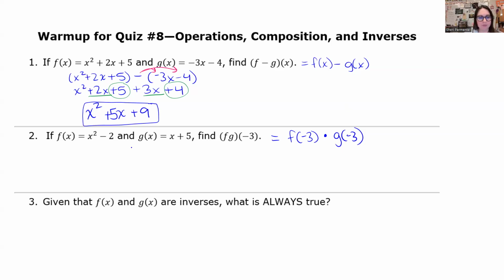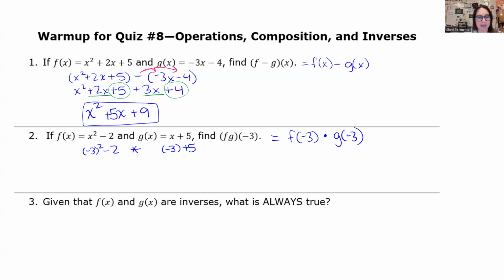So I'm going to get negative 3 squared minus 2, and I'm going to multiply it by negative 3 plus 5. So this is just me plugging in negative 3 to where I see x for both functions. Over here, what's negative 3 times negative 3?